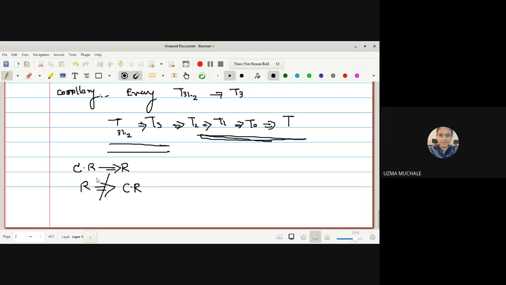If it were so, completely regular and regular would have had equal definitions. So every completely regular is regular, but every regular is not completely regular. In a very similar way to compact spaces, every countably compact space is compact, but the reverse is not possible, right?